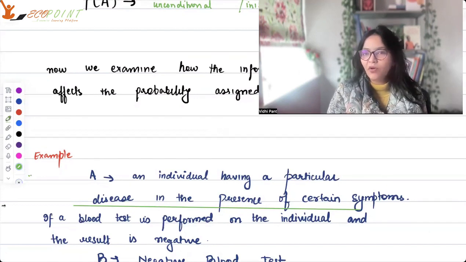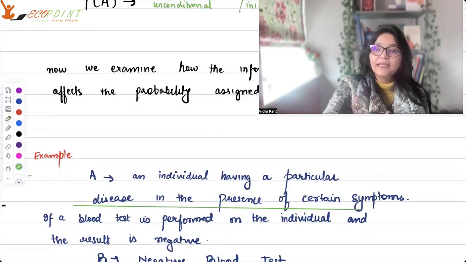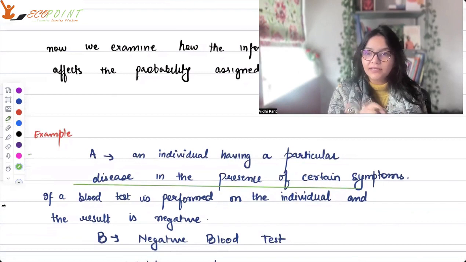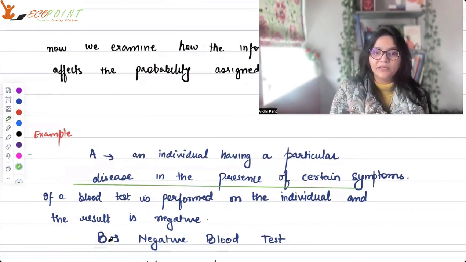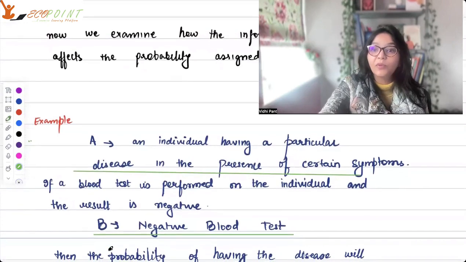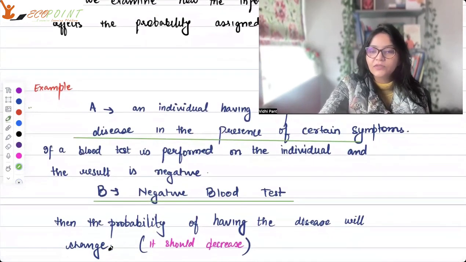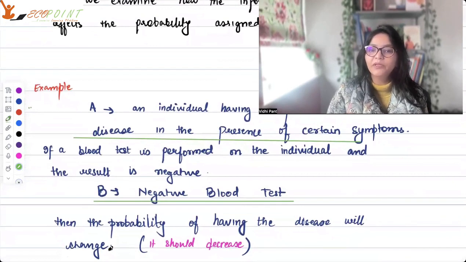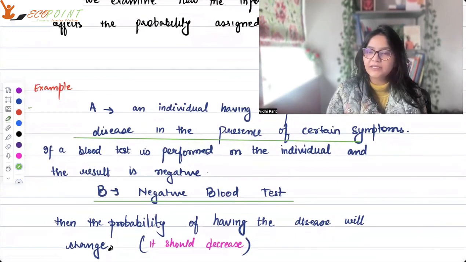If a blood test is performed on the individual and the result is negative, let's take this negative blood test as event B. Now, if you get to know from the blood test that the result is negative, that will have an impact on the probability associated to this scenario. Then the probability of having the disease will change because the test is saying that it's negative, which would want me to believe that probably this person does not have the disease.